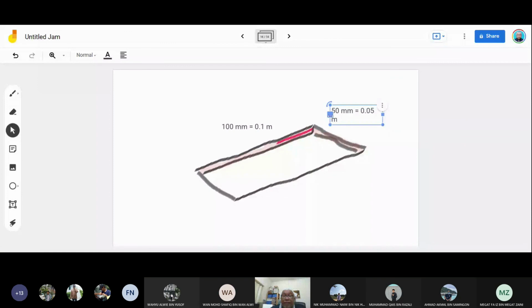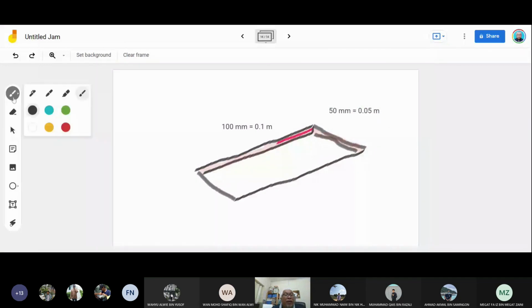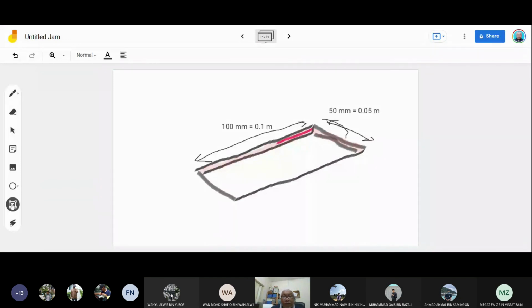That is the length between here to here, which is 100, and here to here is 50. So what will be the area? The area will be 0.1 meter.